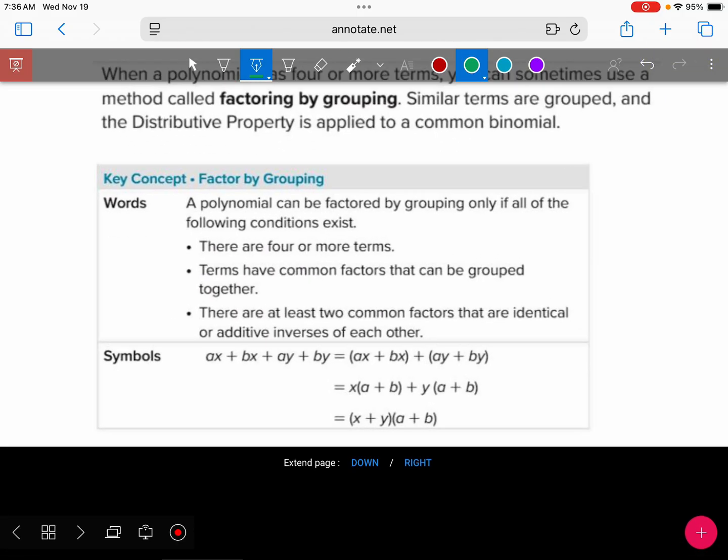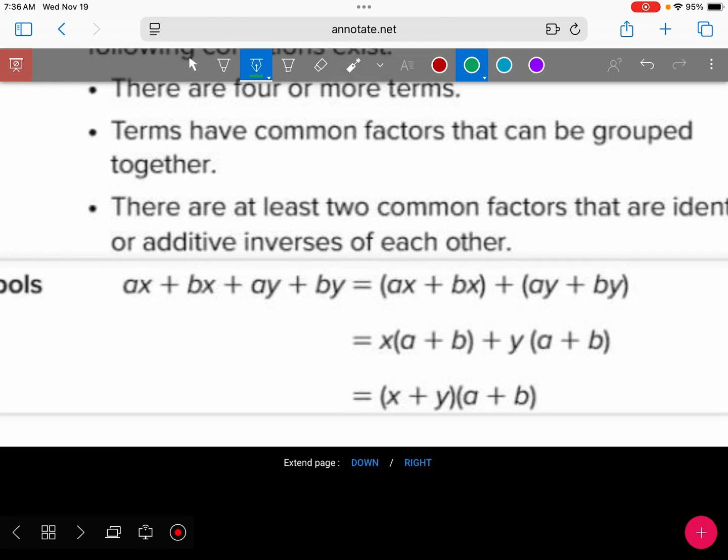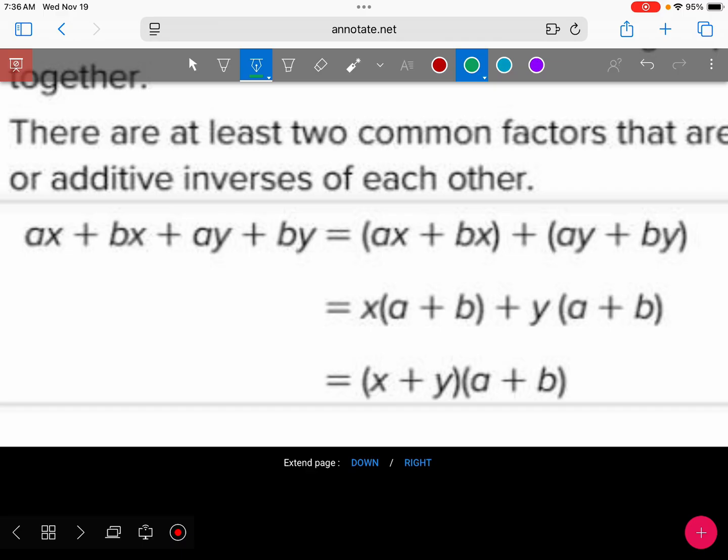It's giving us this example down here that's very lettery. I'm going to zoom in on it because it's at the very bottom. When we're factoring by grouping, we have this polynomial. So this might be 4x cubed plus 3x squared plus 6y plus 4y, whatever.